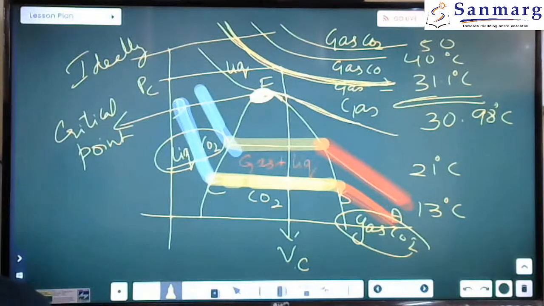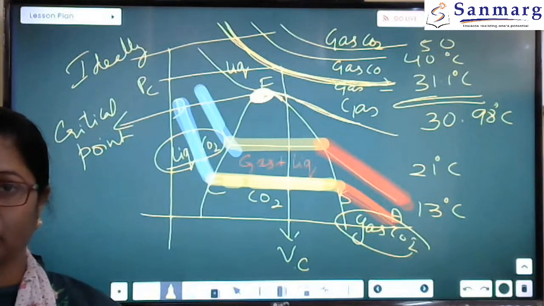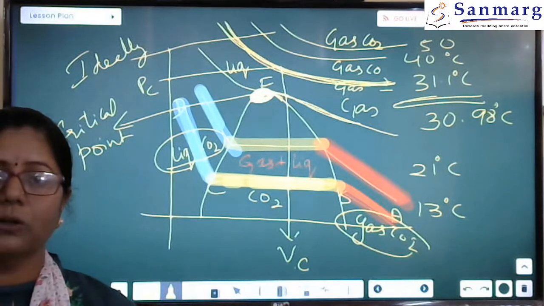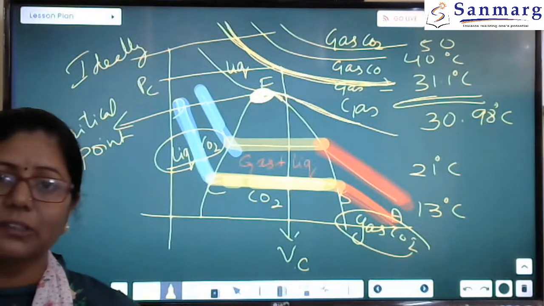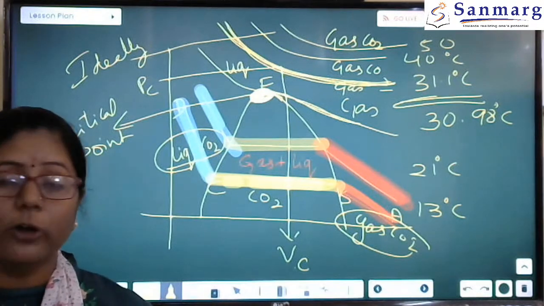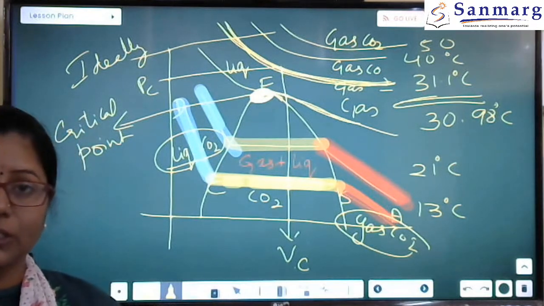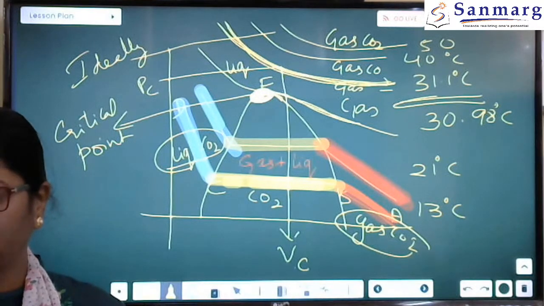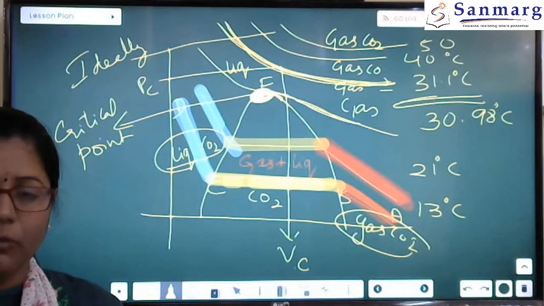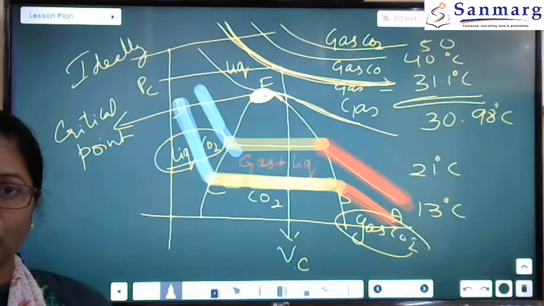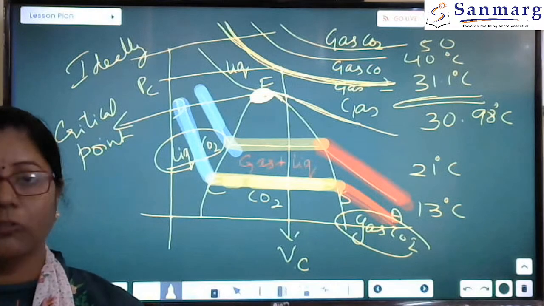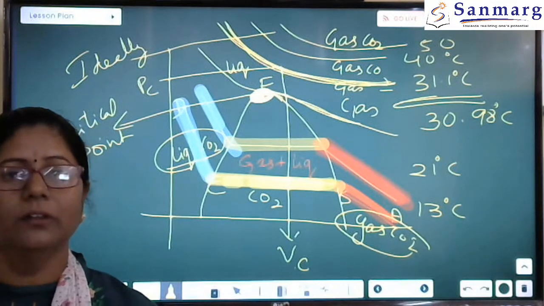With this we have completed states of matter. Numerical problems on states of matter will be discussed in the next class, or when we discuss CET.